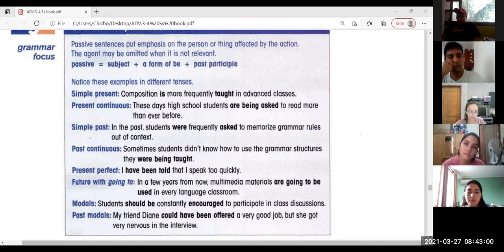In a few years from now, multimedia materials are going to be used in every language classroom. Are going to be used, right? Okay, thank you. Brenda, please. The next one. Modals. Students should be constantly encouraged to participate in class discussions. Okay, and Samuel, please, the last one.